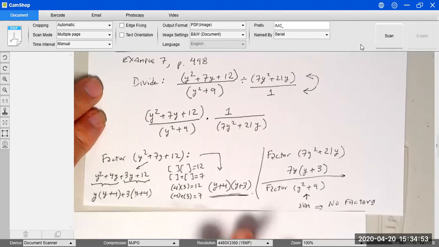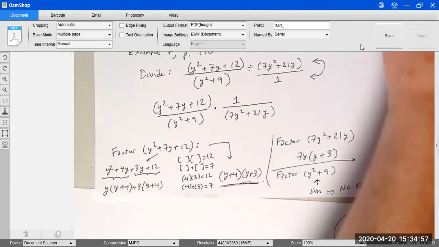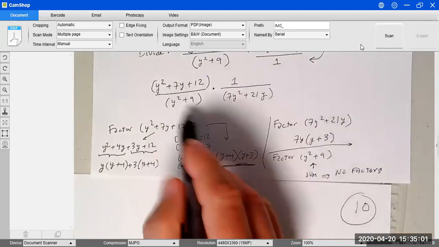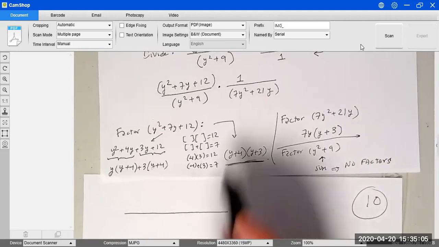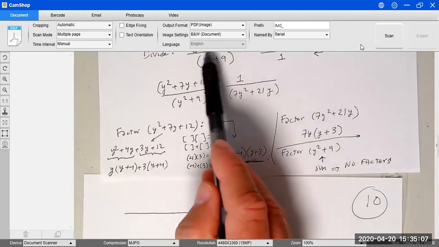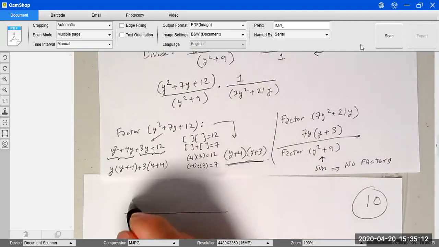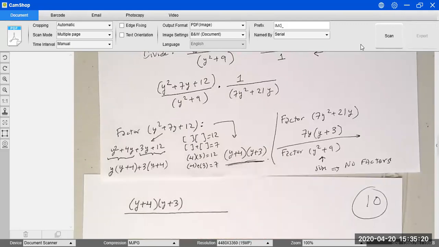So let's just write everything now. So I'm going to write this rational expression here by using a fraction bar, a big fraction bar. Then I have y squared plus 7y plus 12, which is over here, and is going to be written by using this factor form. So it's y plus 4 times y plus 3.